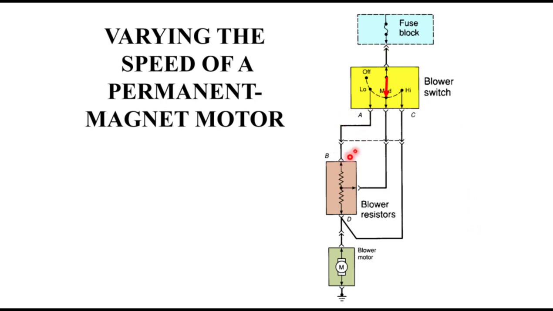Can't go this way, and that's a dead end. It can't go this way, it's a dead end. So it gets to the midpoint and goes through half the resistance. By cutting the total circuit resistance in half, I've doubled the current. Consequently, the motor can do more work, and that's evidenced by moving faster.